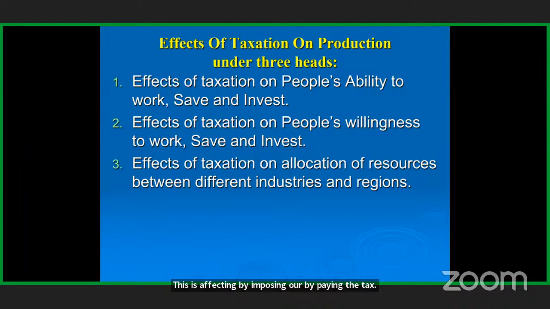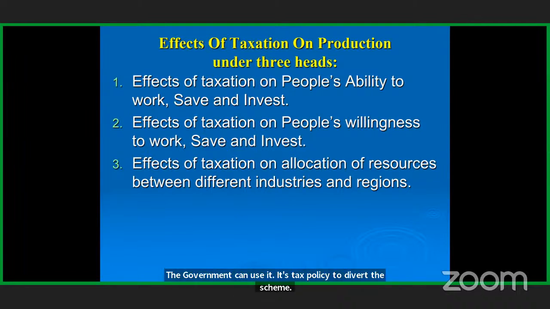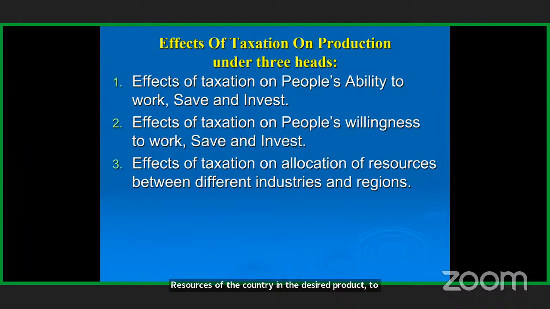And the effects of taxation on allocation of resources between different industries and regions. Here the government can use its tax policy to divert the scarce resources of the country into the desired productive activities. Thus, taxation may influence not only the volume of production and national income, but also the pattern and composition of production in the country.